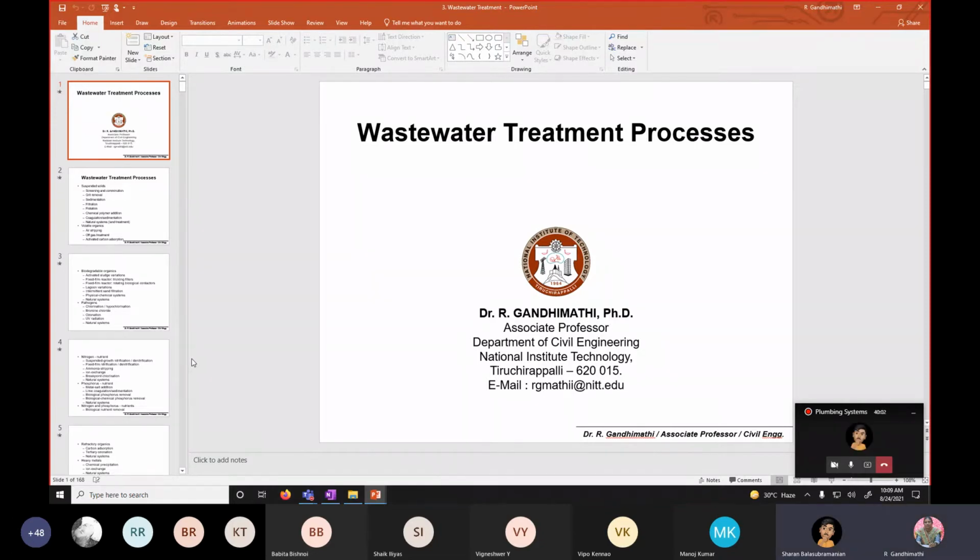Removal of toxic waste. Sharon, instead of that, relate it with the constituents we have studied in the class. We have talked about the solids. The main objective is the removal of solids, no?